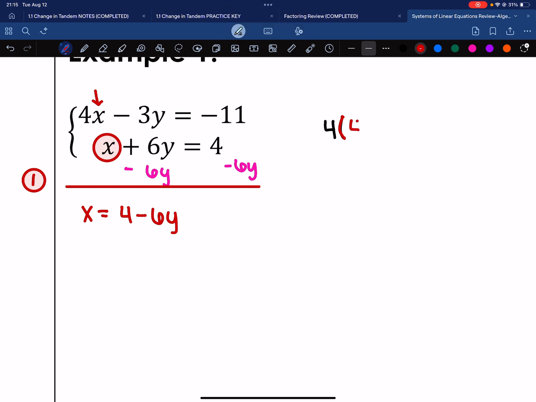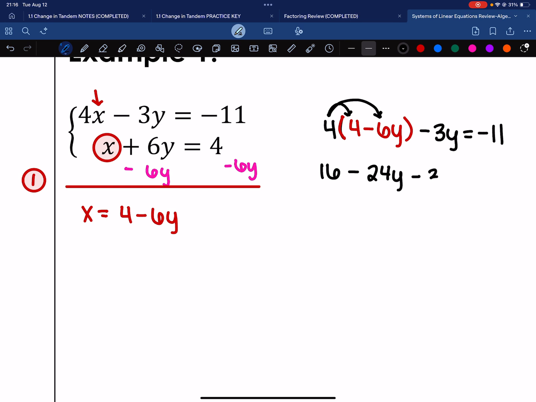We have 4 minus 6y, minus 3y, equal to -11. So here we go. We have 4 times 4, that is 16. We have 4 times a -6y, that is a -24y.